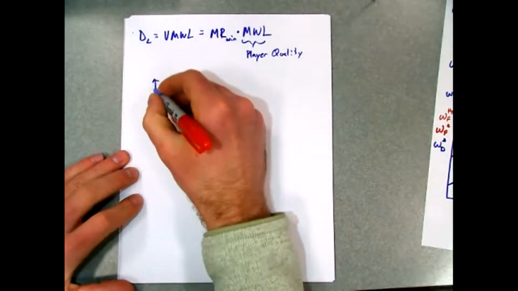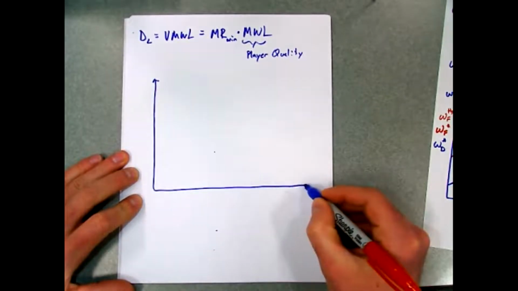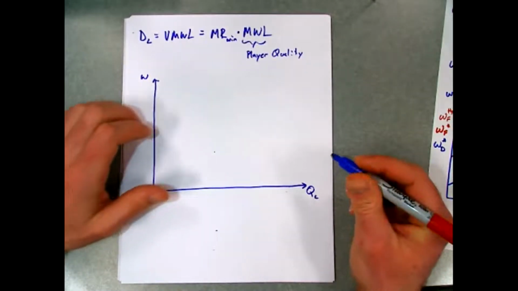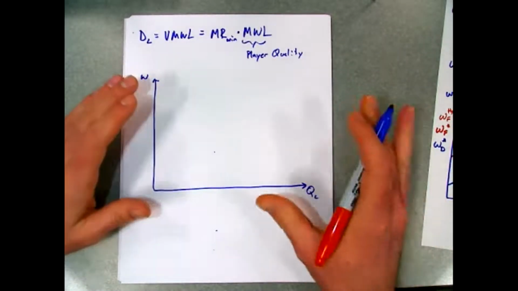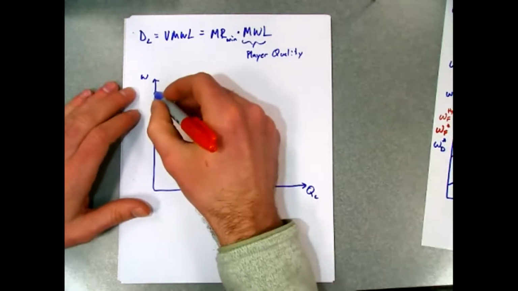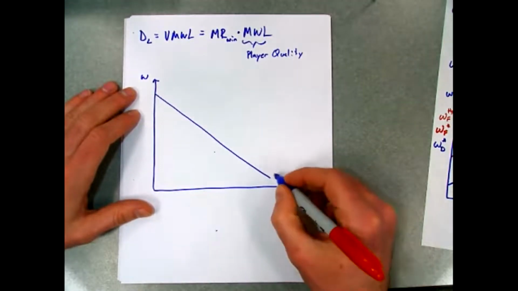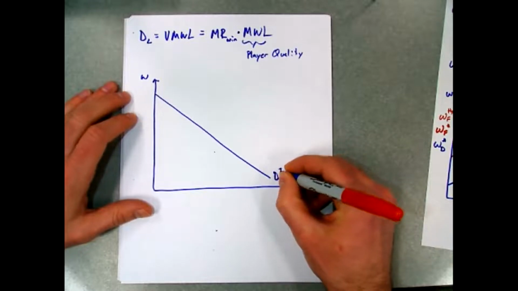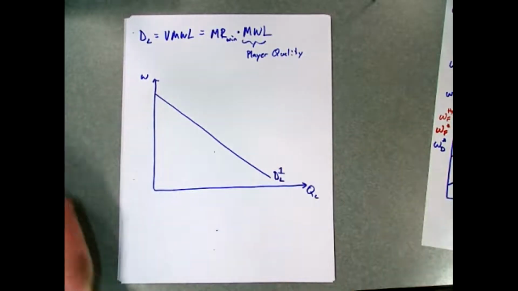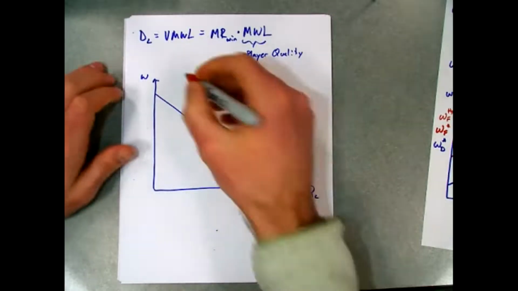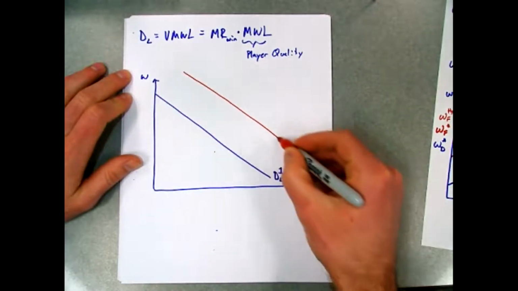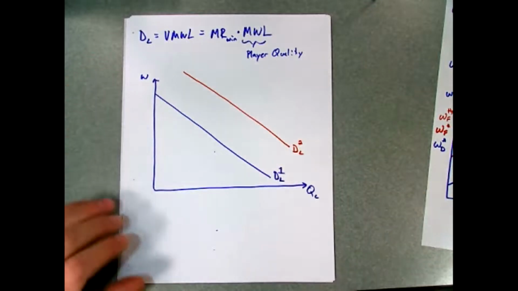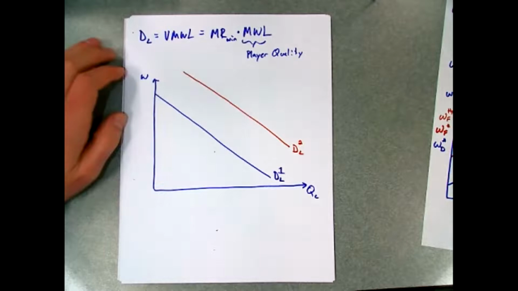So let's assume for a second that we've got two players. We'll just kind of boil this down. So two players. Here we go. This is player one. Okay. And then we're also going to think about player two, and we're going to say player two has a higher quality, right?